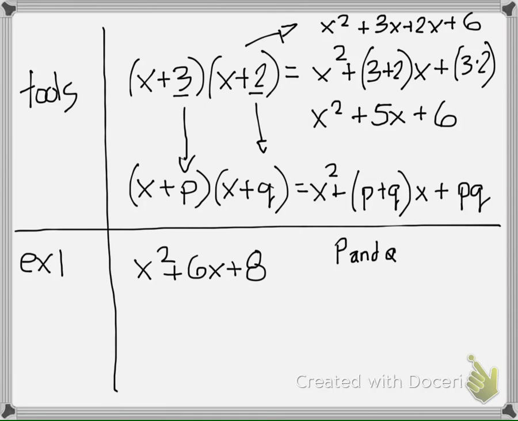So P plus Q is going to have to equal the coefficient B. So P plus Q is going to equal 6. So you need to come up with numbers that equal 6, like 1 plus 5, and 2 plus 4, and 3 plus 3. All of those will equal 6.